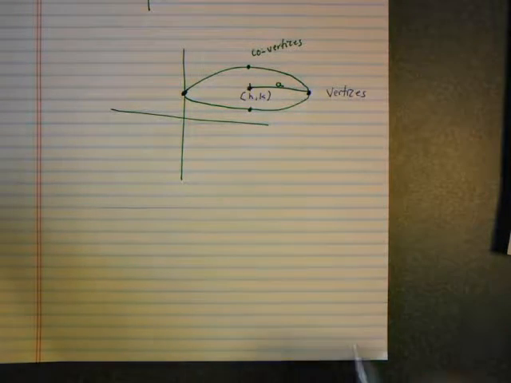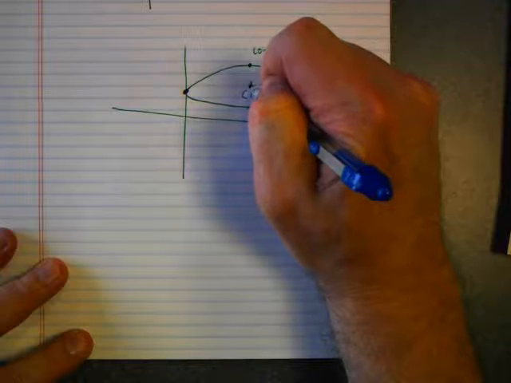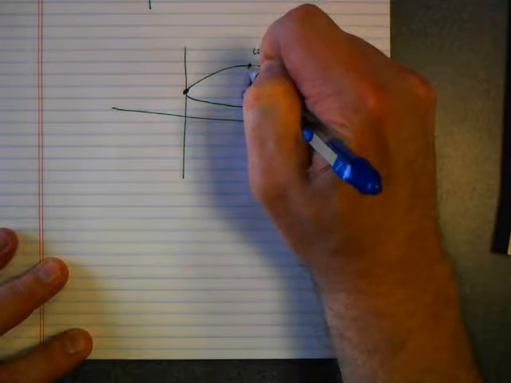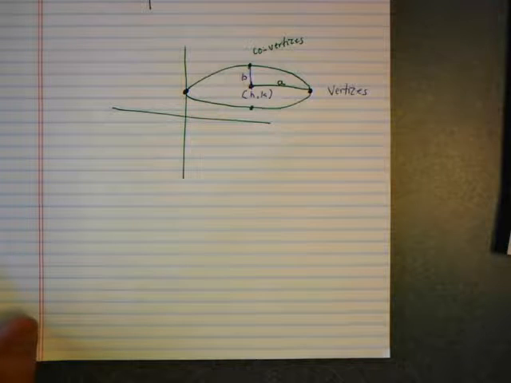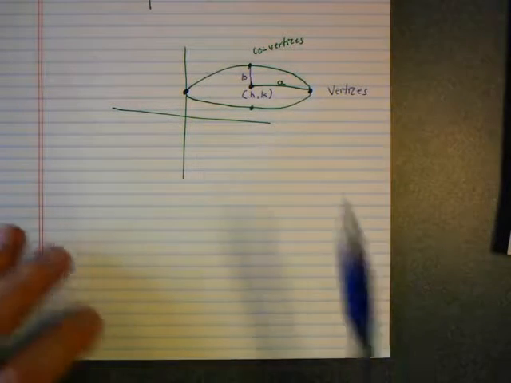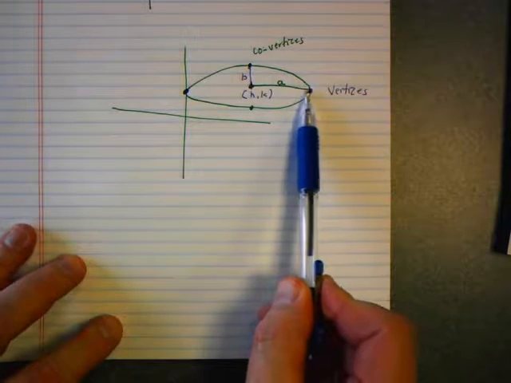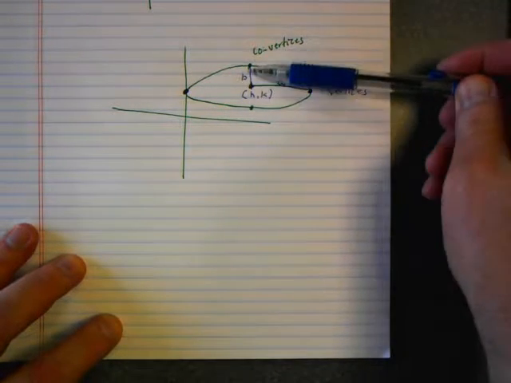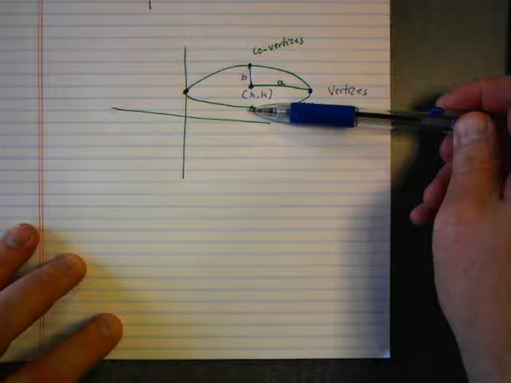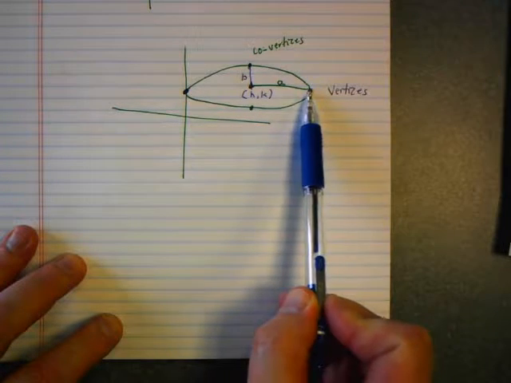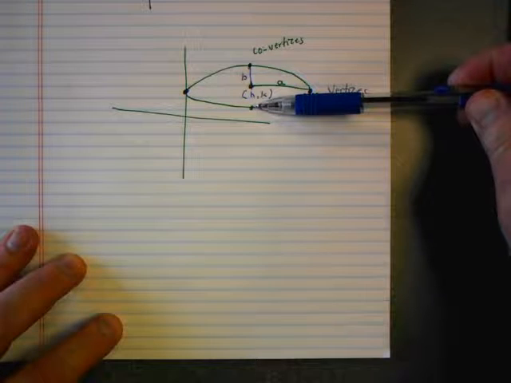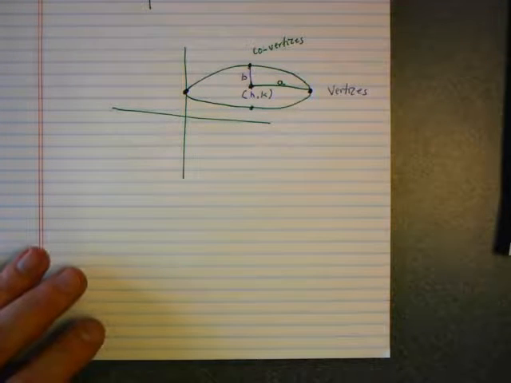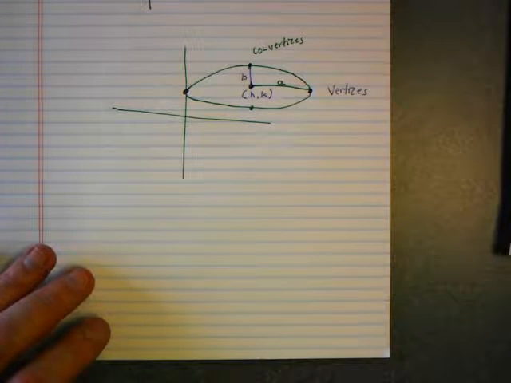And the distance from the center to a co-vertex is typically called B. So 2A is the length of the major axis. 2B is the length of the minor axis. So the major axis is the long one, the minor axis is the short one.